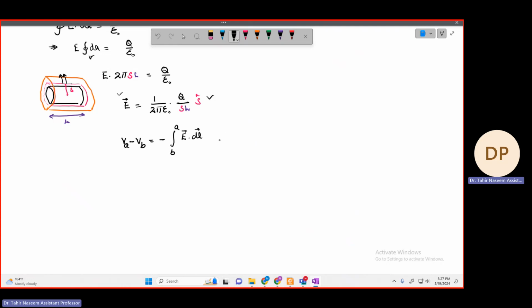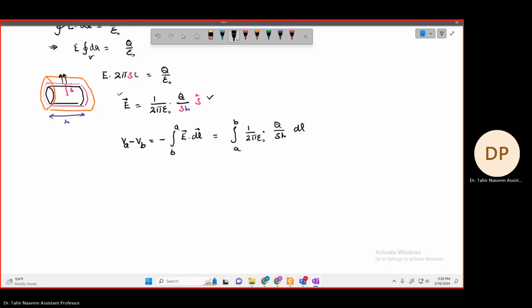And I know what E is, so minus, let me change the limits. So if I change the limits A to B, this minus becomes positive, and then I will write, in place of E, 1 over 2 pi epsilon, Q over SL, dr, right?